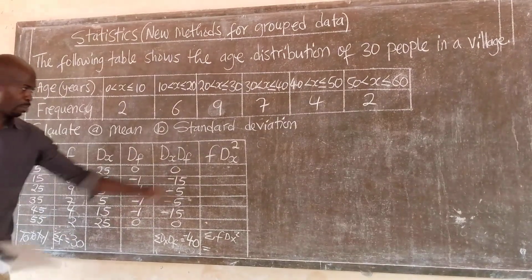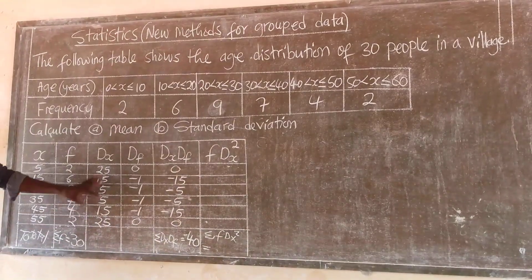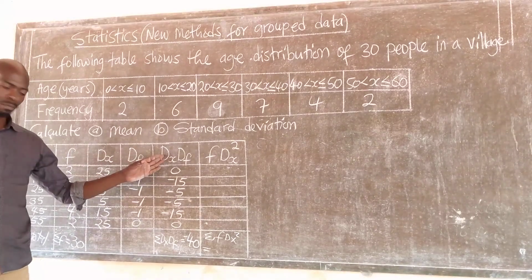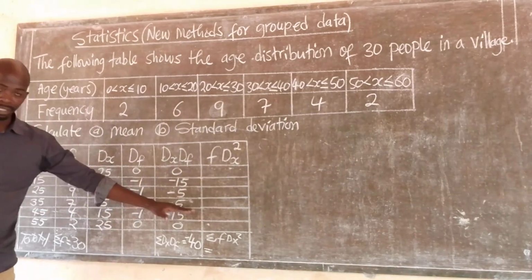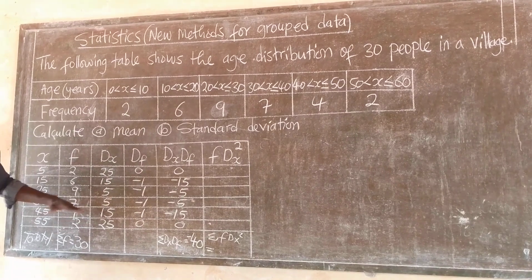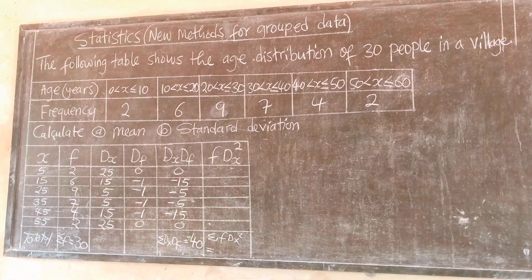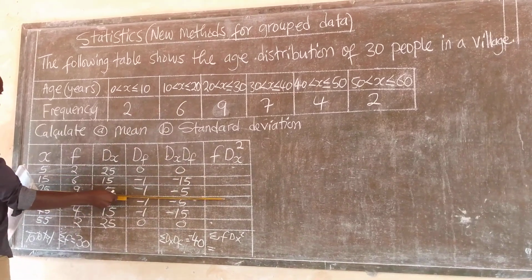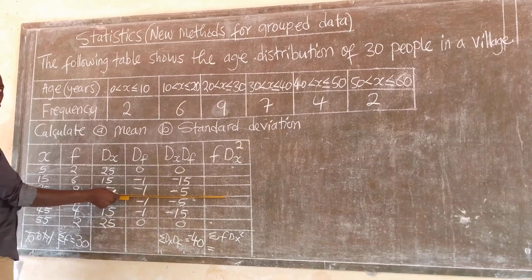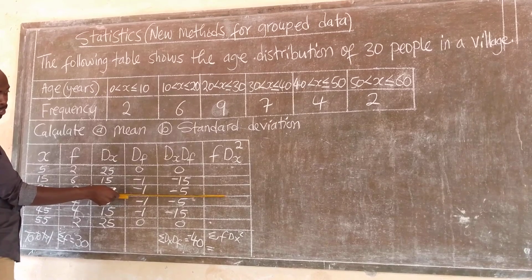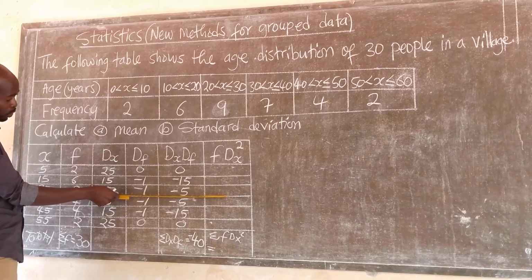Now, just before we fill up the last column, when you observe the third, fourth, and fifth columns, it looks like the data we have obtained has a reflection. If I place my ruler here, you realize that on top and bottom, in the third, fourth, and fifth columns, there is a reflection of the information.